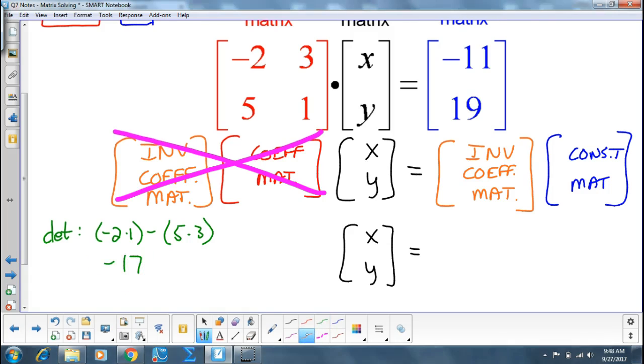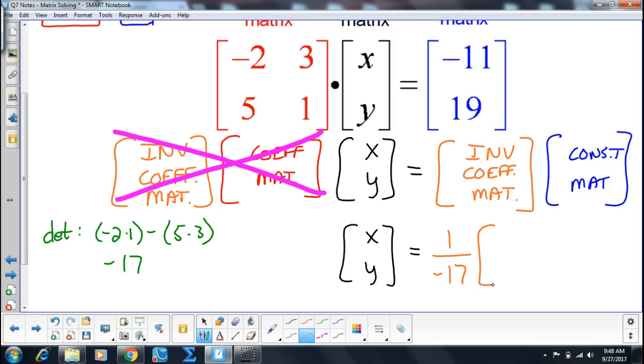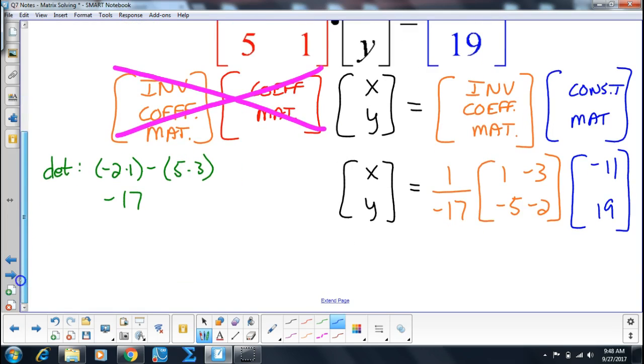So that's going to be 1 over negative 17 times 1, negative 3, negative 5, negative 2. Agree with me on that? That's going to be multiplied by negative 11, 19. Okay? So let's do that. I'm going to drag along this 1 over negative 17 and keep it until the end.